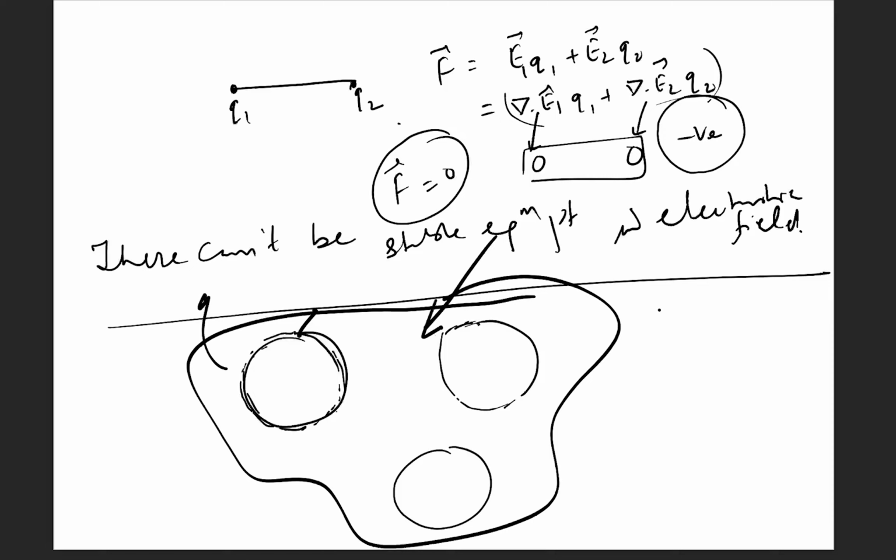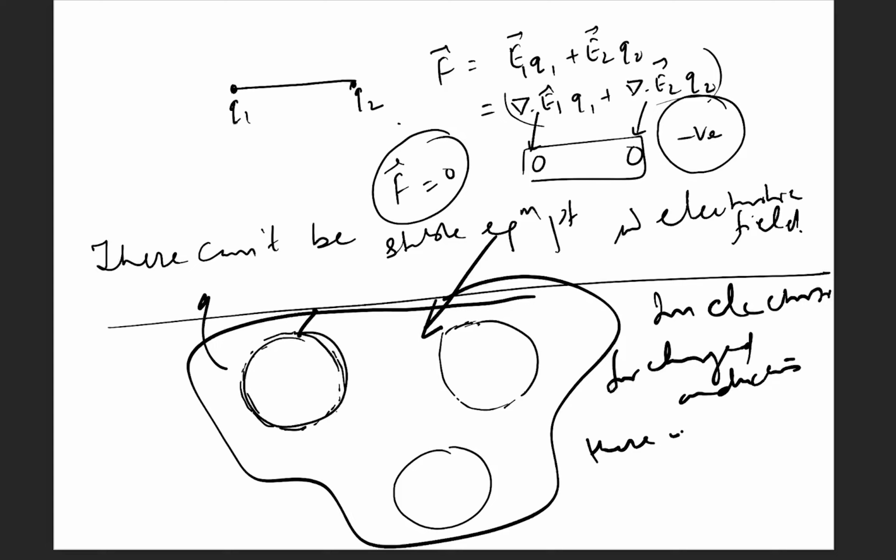That is, in electrostatics, for charged conductors, there is no stable equilibrium point.